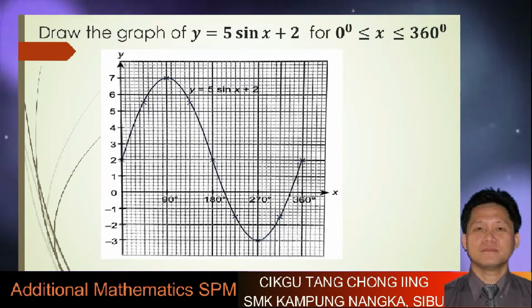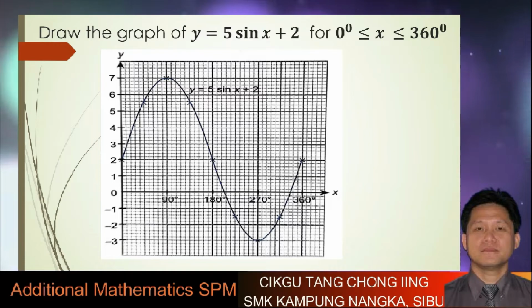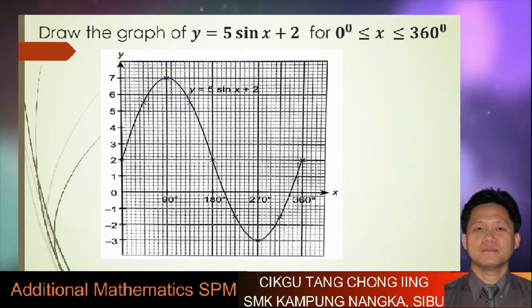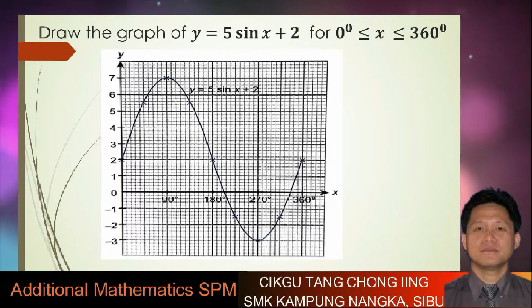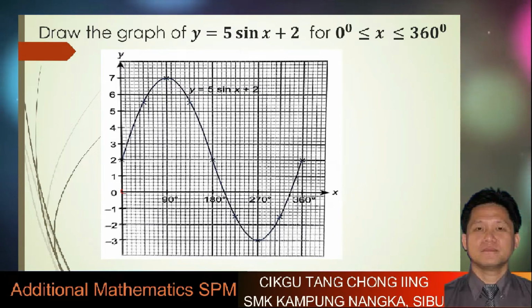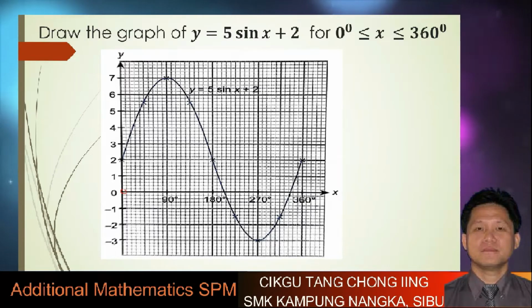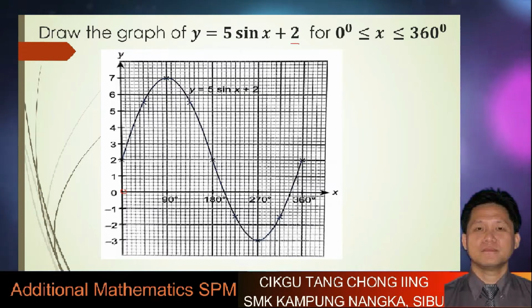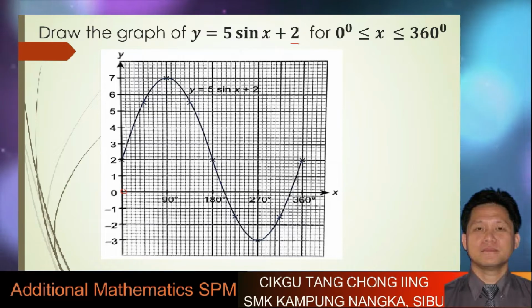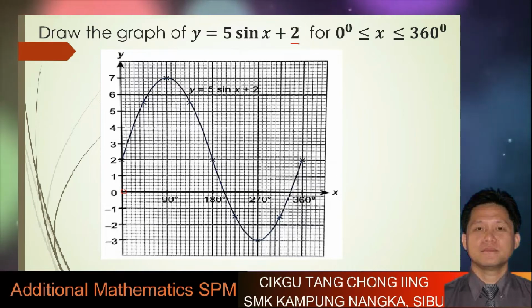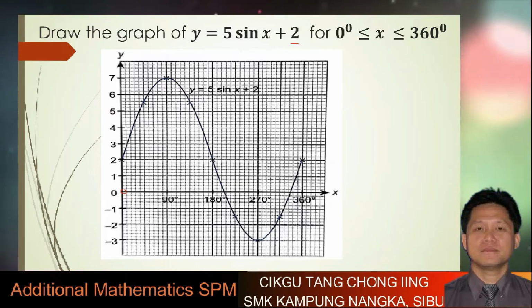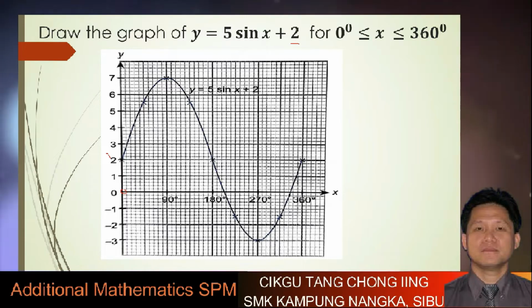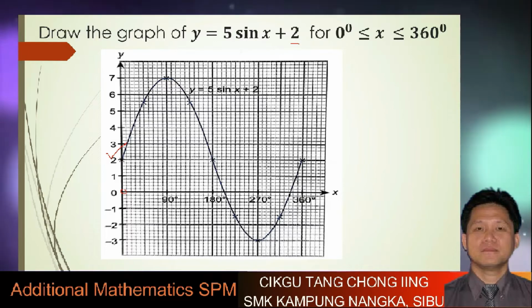You notice that if we have y equals sine x only, then when x equals 0, y is also equal to 0 at this point down here. But now we have 2 at the back, meaning the whole curve has been shifted up by 2 units, and therefore when x equals 0, we have y equals 2.